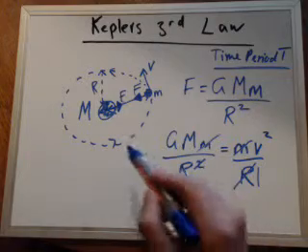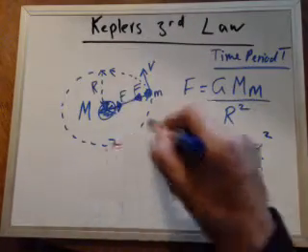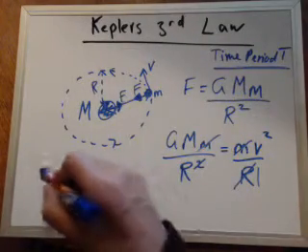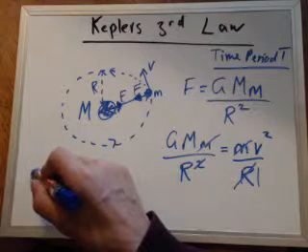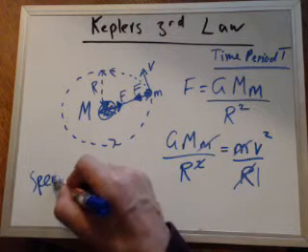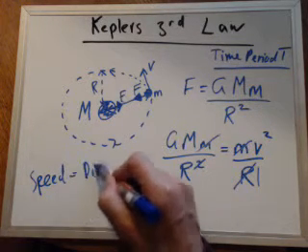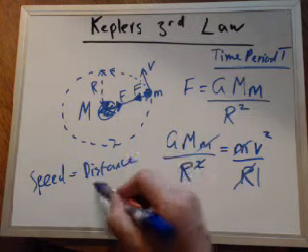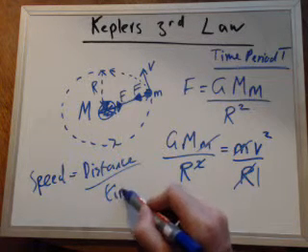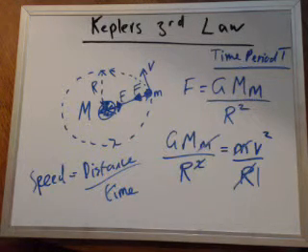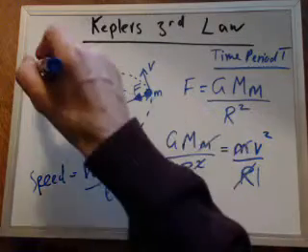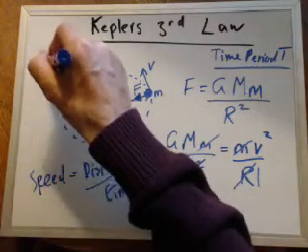Now the time period is the time for one complete revolution, but also of course speed equals distance over time. And we've of course got the speed here, v, so velocity equals the distance.